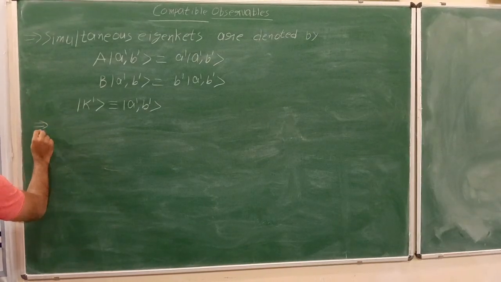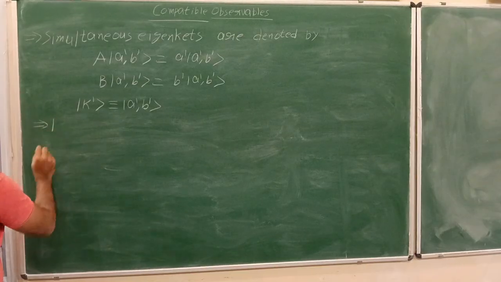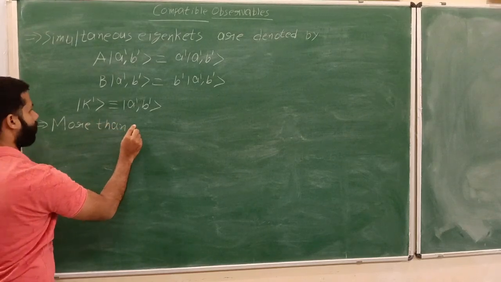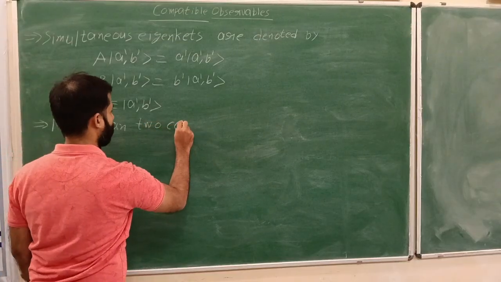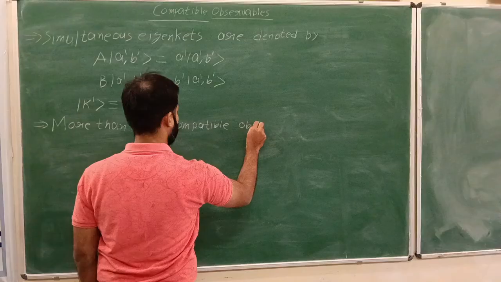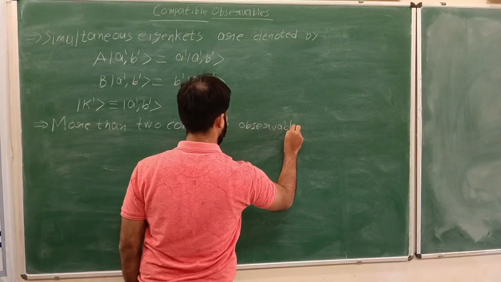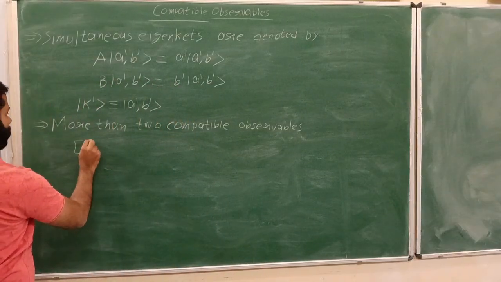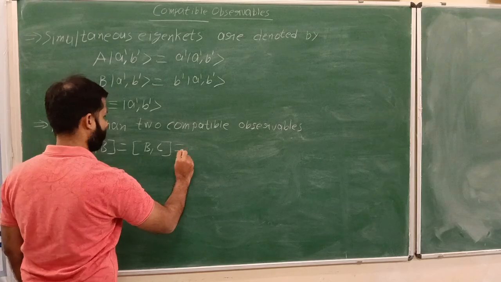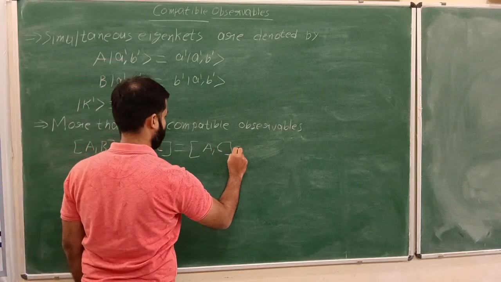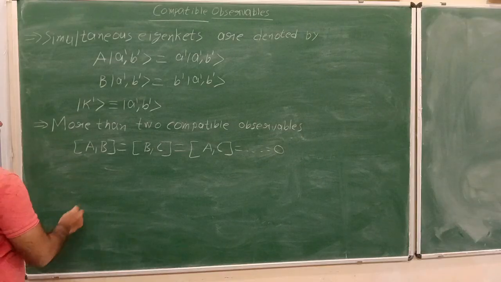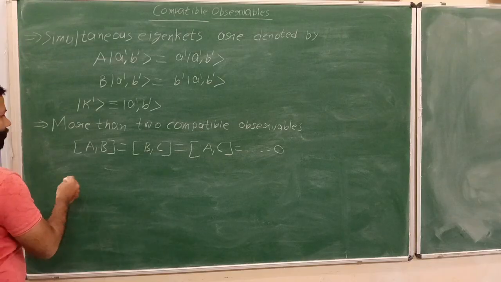Suppose we now extend our argument to more than two mutually compatible observables, and find, let's say, the maximum number of commuting observables set.